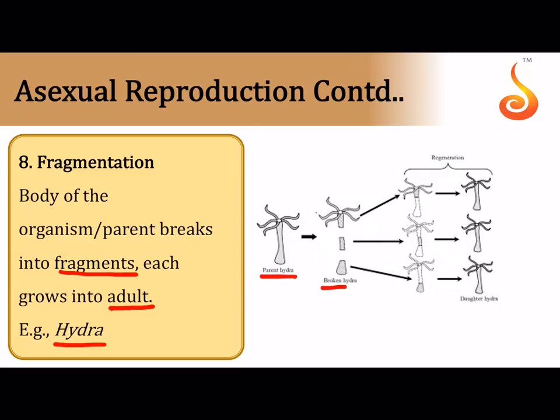See how it is broken into how many fragments here? 1, 2, 3. And each of them develops into adults. It's a form of regeneration, isn't it? So the body breaks into individual pieces or fragments, and each fragment grows into an adult. This is called fragmentation.